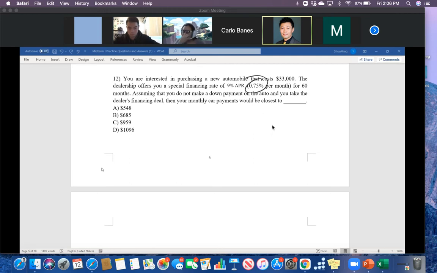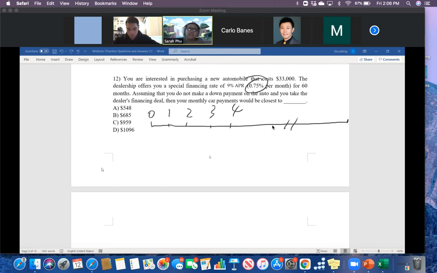Again, to visualize this cash flow, you need to draw a timeline. 1, 2, 3, 4. How many time periods in this case? 60, right? It's equivalent to saying that from the beginning, you borrow this amount of money, and later on you pay some money to this dealer, a monthly payment.